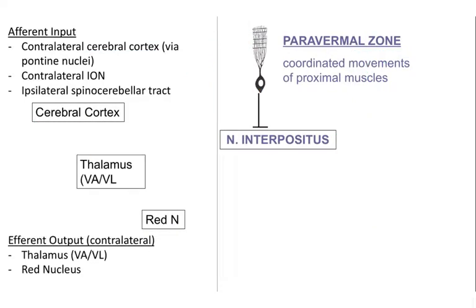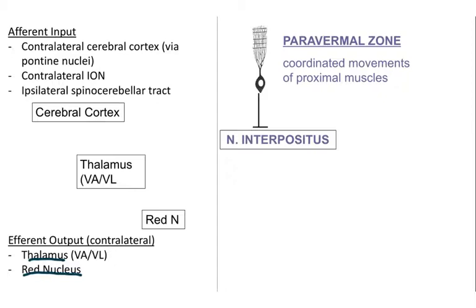So once the paravermal zone integrates this information, the nucleus interpositus is going to project efferent info to the contralateral thalamus and red nucleus, so that you can end up affecting pathways on the same side as the nucleus interpositus.